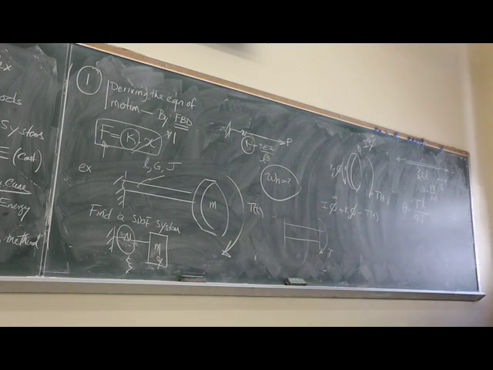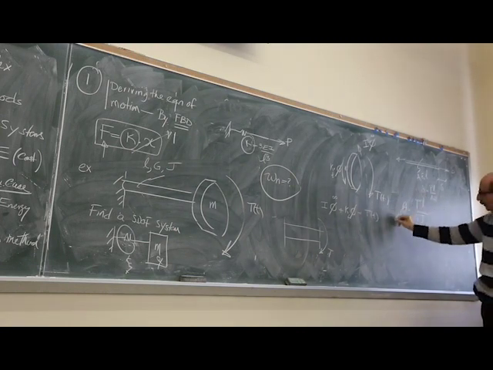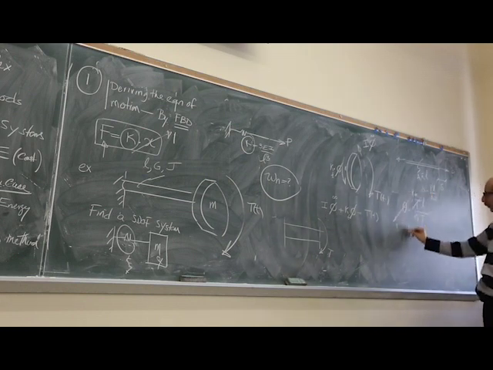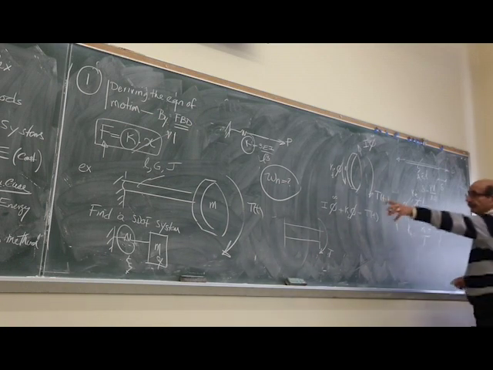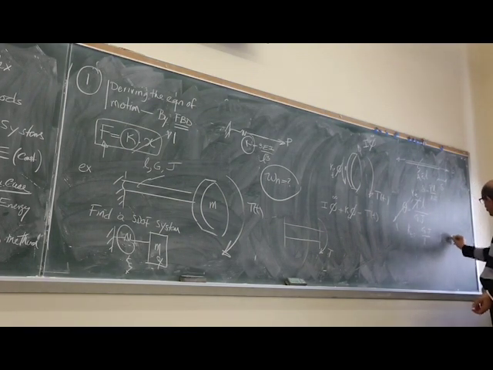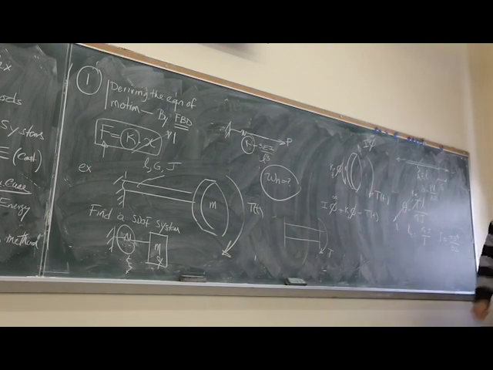Remember the definition of a stiffness. The stiffness is the force that causes a unit displacement. So if this is 1, this is your torsional stiffness. So torsional stiffness then is GJ over L, where J, if the diameter of this shaft is D, is pi D to the 4 over 32.